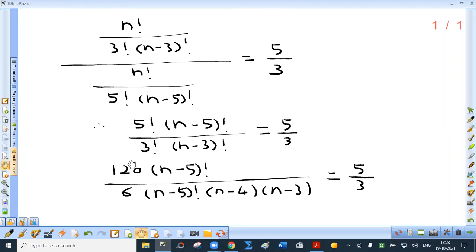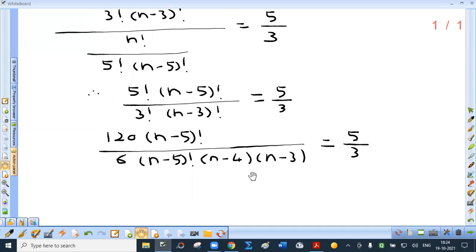Absolutely. But so many factorials are there, so I directly put the value. Now, which is greater? You have to be very careful. n minus 3 is greater. Suppose n is 10. 10 minus 3 is 7, 10 minus 5 is 5. So 7 is greater than 5. Factorial of greater is factorial of smaller, go on adding 1 unless you get greater, equal to what? 5 by 3.